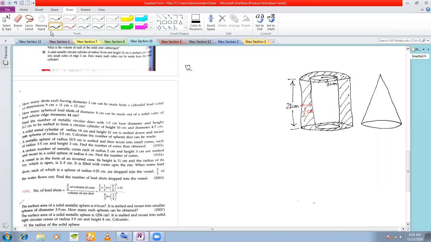So this is cast into a cone here, and the height of this cone is given to be 7 centimeters. Find the radius of the cone correct to 1 decimal place. You need to find out the radius of this cone. Let the radius of the cone be x.